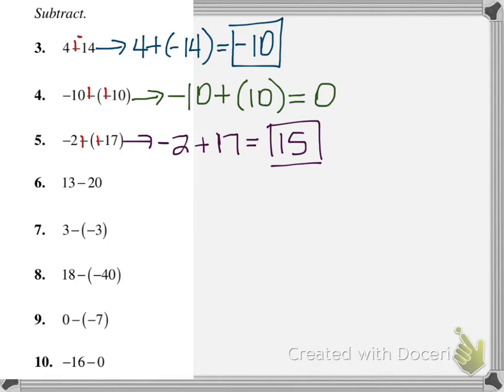So let's try another one. 13 minus 20, that's going to be the same thing as 13 plus negative 20. So signs are different, subtract, keep the sign of larger absolute value, so it'll be a negative 7.